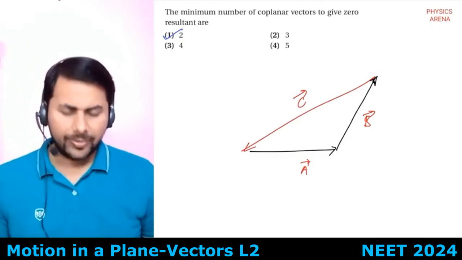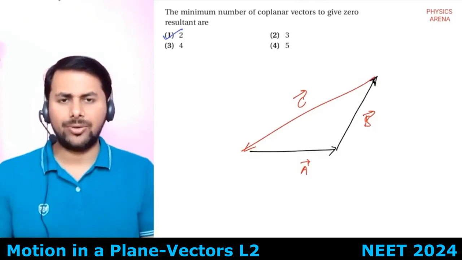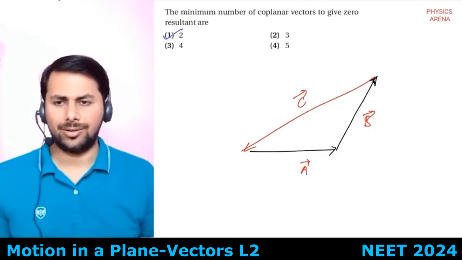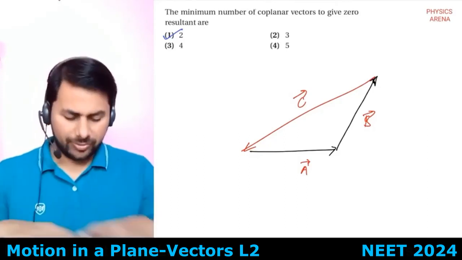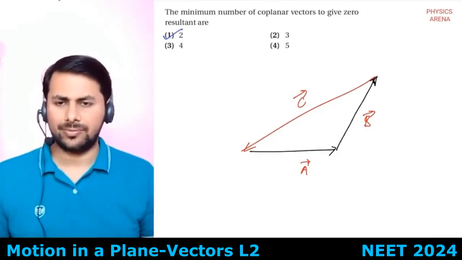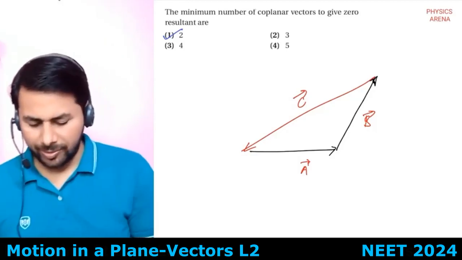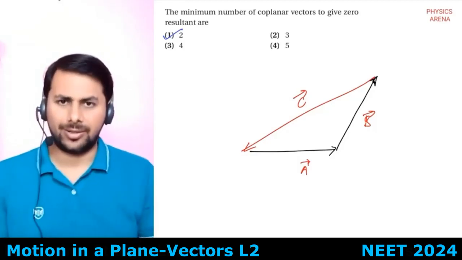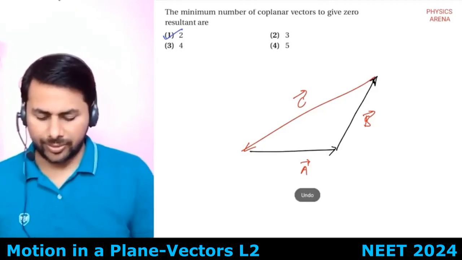So even if I have three vectors whose resultant is 0, I haven't gone outside of a plane. I can always draw a plane which will contain those three vectors. So what will be the answer? Answer will be 4 actually. To go out of a plane, you will need another vector. Not for this question.